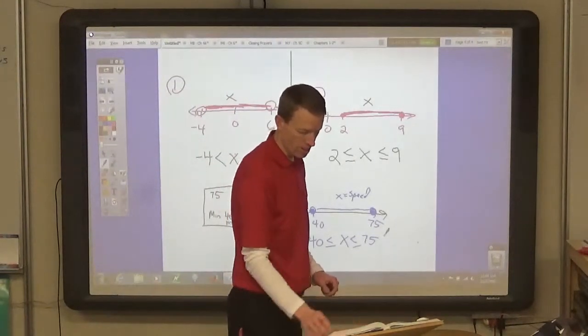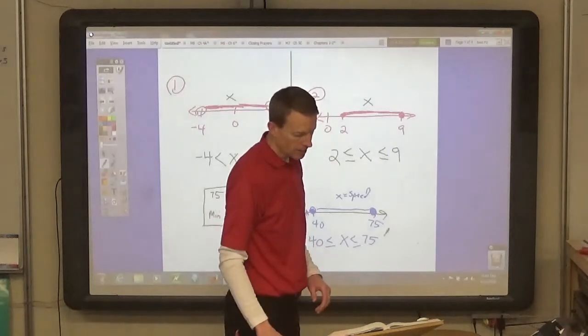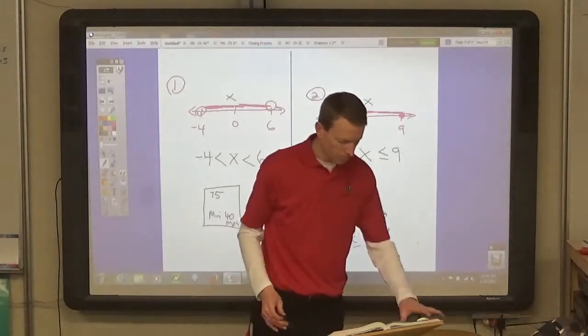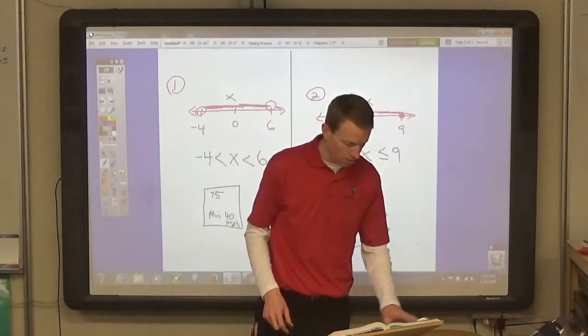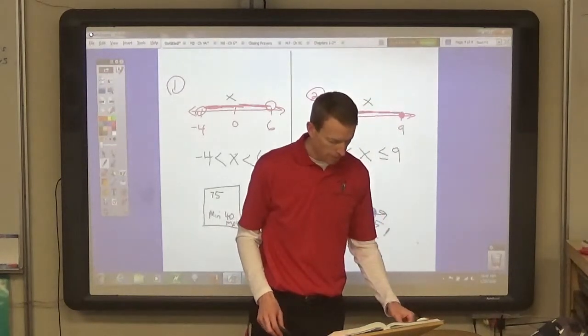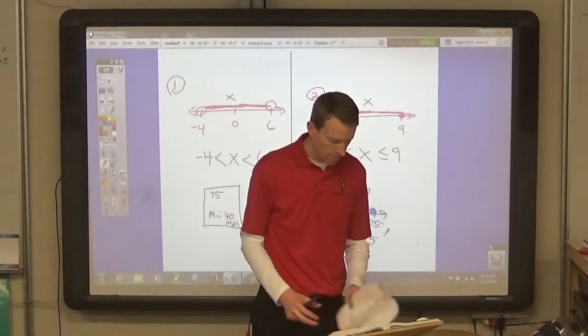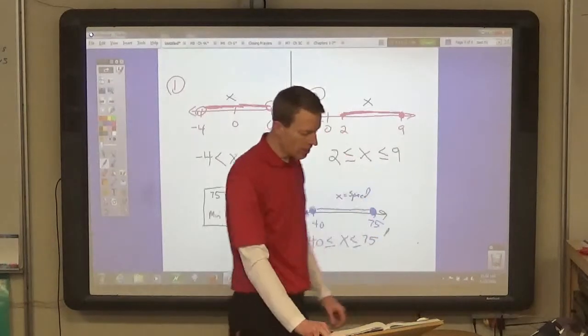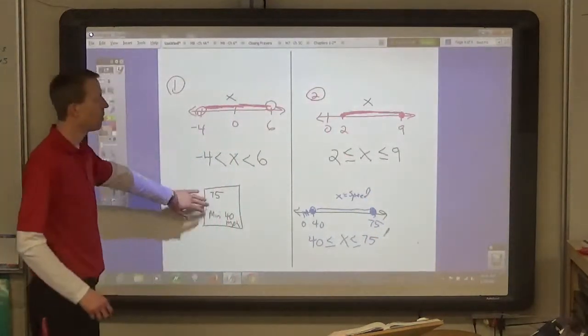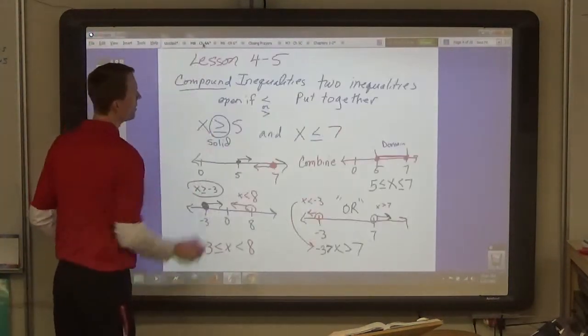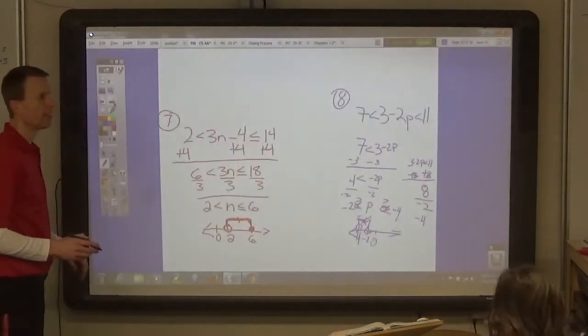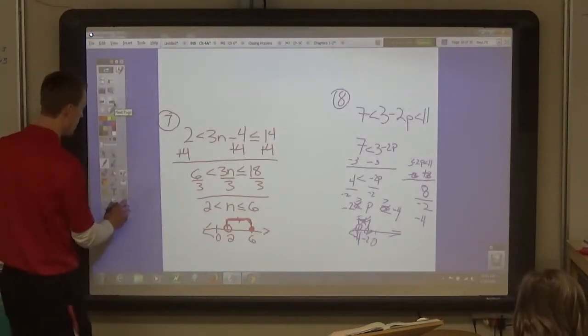Any questions? That's how compound inequalities are used in real situations, okay? All right, so since this is pretty basic stuff, what we're going to do is actually use these to solve some inequalities.